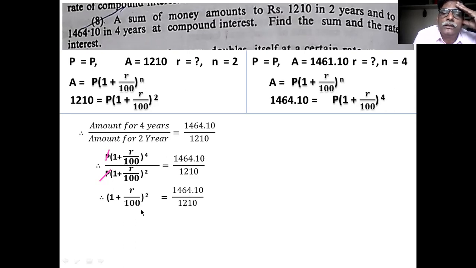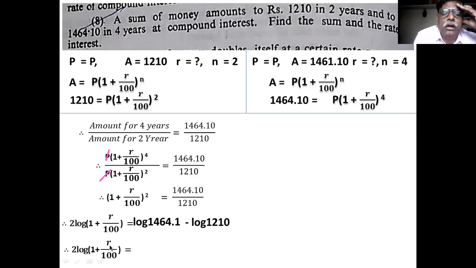Okay, this is the value. In this stage, you apply the log. Therefore, 2 log (1 plus R by 100) is equal to log 1464.1 minus log 1210, because it is division.